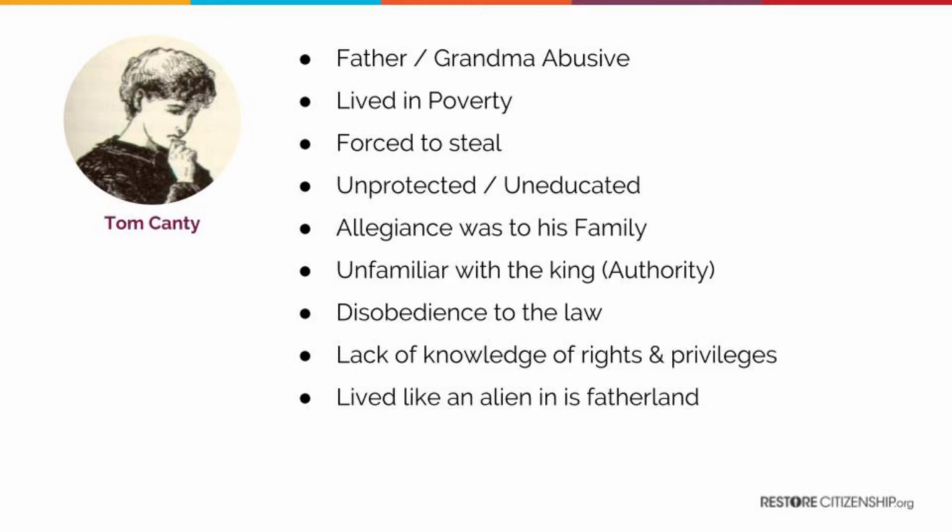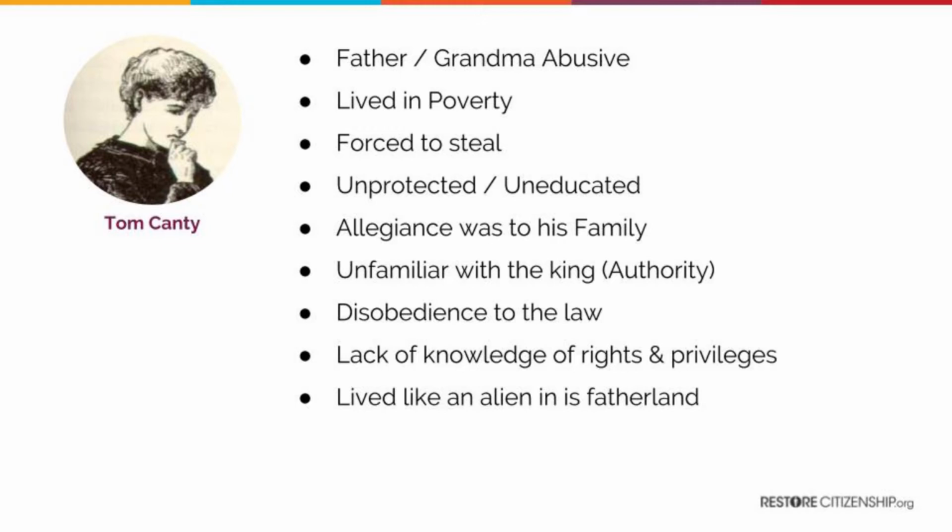His allegiance, though, was to his family, which is admirable about Tom Canty within the story. He was loyal to his family. You see loyalty demonstrated within the story, but he was unfamiliar with authority.